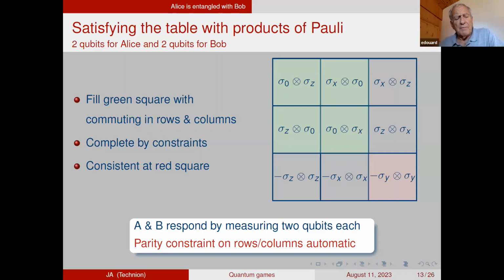Yes, but then once, say, Alice makes her measurement, this operates a projection on Bob's qubit. Of course, yes. And so it's not clear. So it's a miracle, so I have to explain it. You're right.